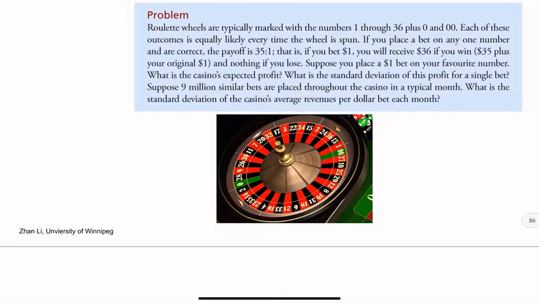Suppose you place a $1 bet on your favorite number. What is the casino's expected profit? And the second question is, what is the standard deviation of this profit for a single bet? Suppose 9 million similar bets are placed throughout the casino in a typical month. What is the standard deviation of the casino's average revenues per dollar bet each month?